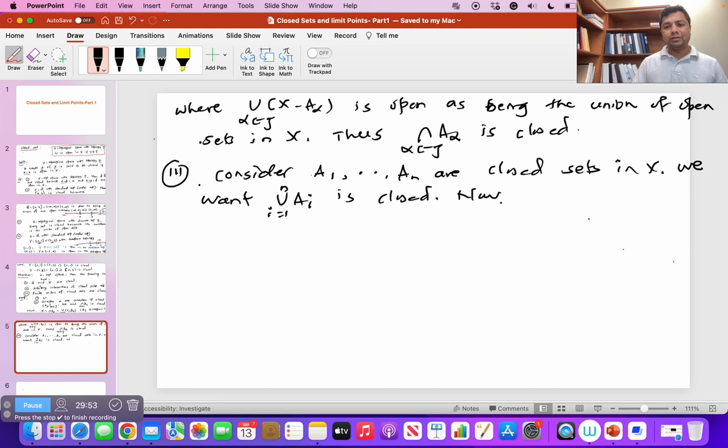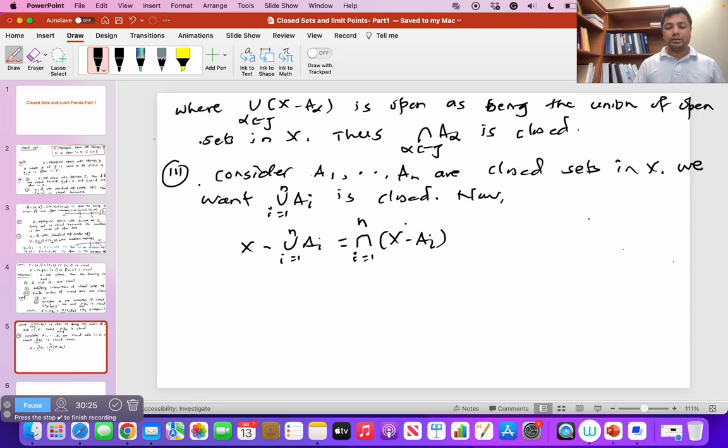Now let's take a look at the complement of this union. Again we're going to use De Morgan's law. De Morgan's law tells us that if you take the complement of each Ai and then take their intersection, that is the same as first taking their union and then taking the complement.